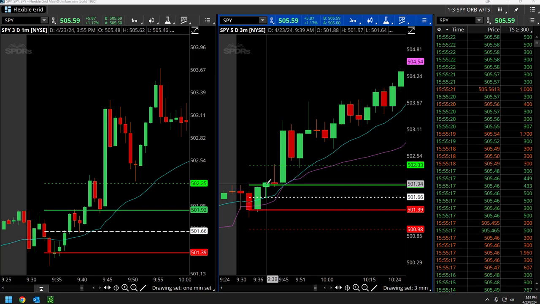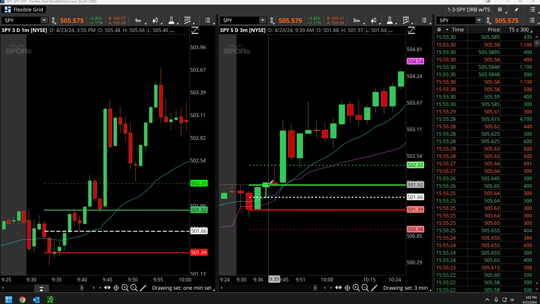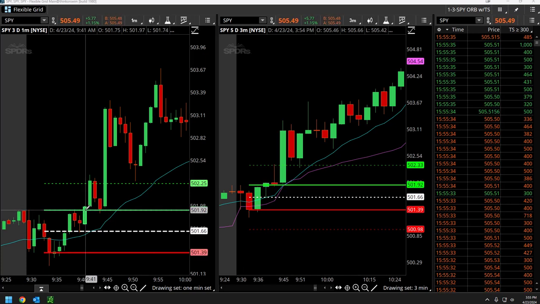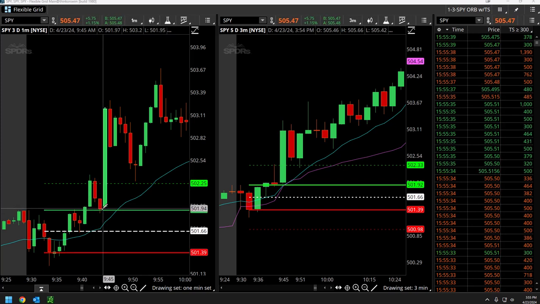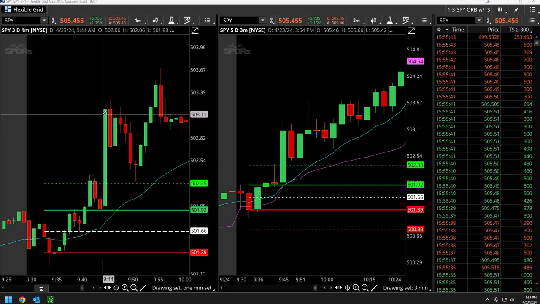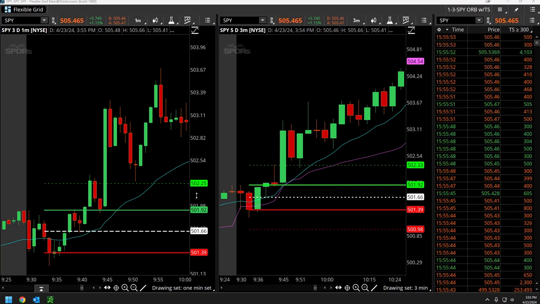I got in on this candle here at 9:41. 9:41 on the 1 minute chart was this candle, where we entered the trade. As you can see, we didn't take any heat at all. It shot right up and got us out at 9:45 on this candle for a nice little 6% profit, in and out of a trade, real easy peasy.